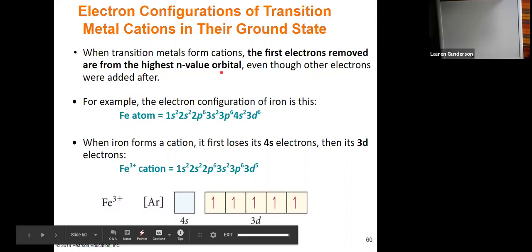Now, that is not always intuitive to people, because you did not finish by filling the highest n level orbitals. You finish by filling d orbitals. But these d electrons cannot be removed until you remove the electrons that are in the highest n level.